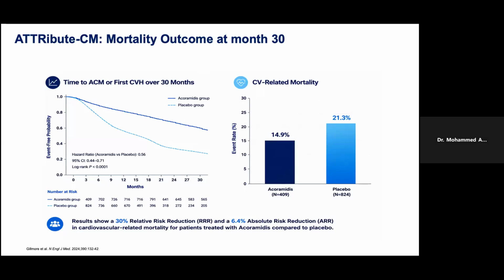On the right, acoramidis also reduced cardiovascular mortality from 21.3% in the placebo group to 14.9% in the acoramidis group. This represents a 30% relative risk reduction and a 6.4% absolute risk reduction.